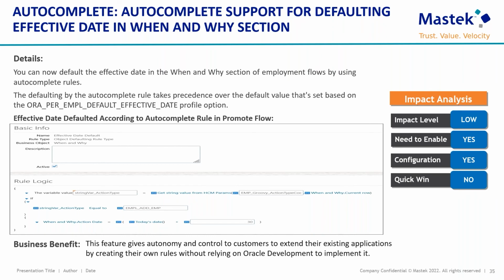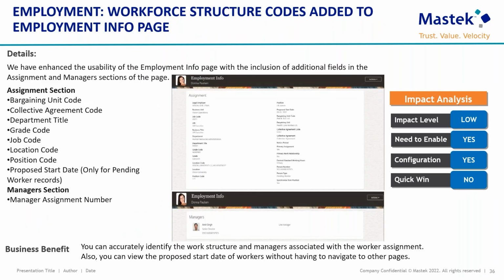And coming to the next feature, now we have workforce structure codes also added to the employment information page. This is also a good feature. Earlier, when we were looking for a grade code, a department code, or a job code of the workforce structures where the employee is, we had to navigate to a different page and then check for the code.